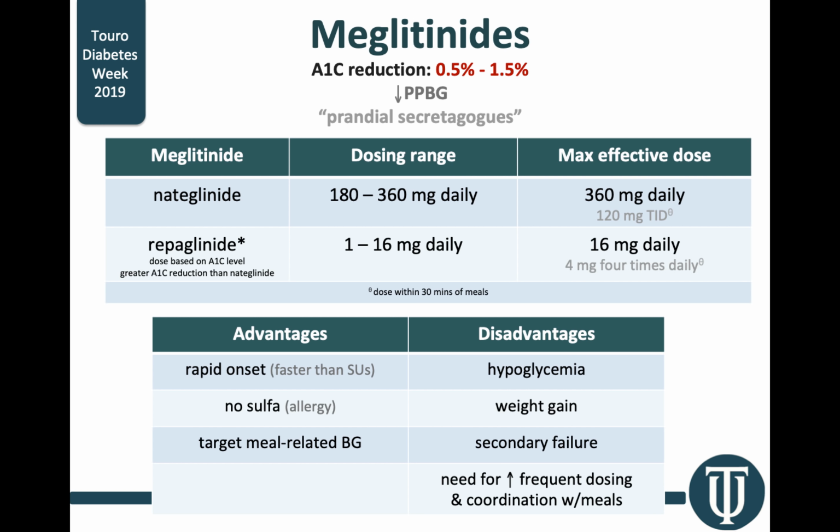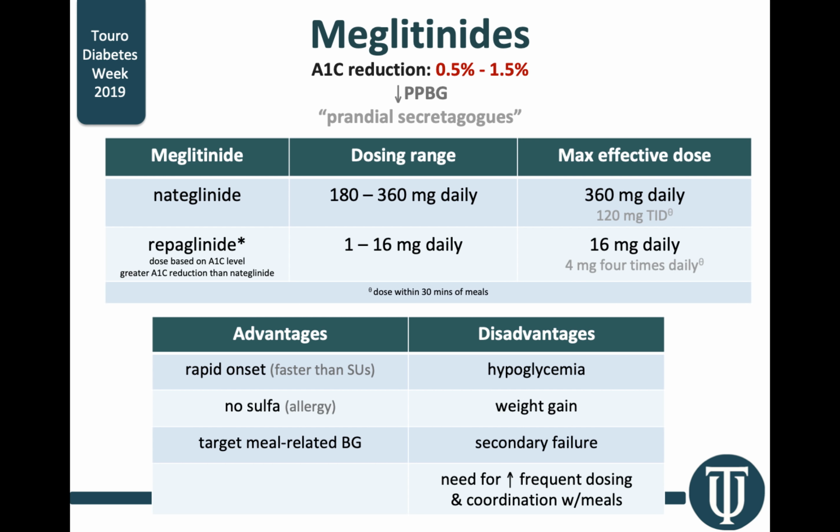So what are the advantages? Compared to sulfonylurea, meglitinides have a faster onset of action, we don't need to worry about sulfa allergy, and they specifically target meal blood glucose.